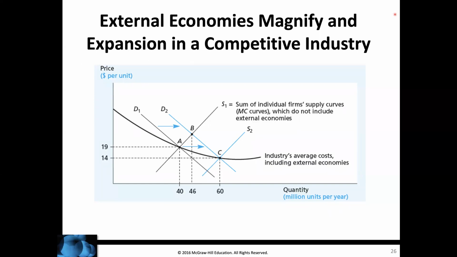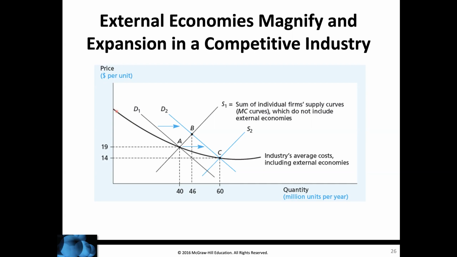So let's look at external economies and the expansion in a competitive industry. This is an example of semiconductors. We've got our original supply, S1, the sum of individual firm supply curves, which do not include external economies. So this is before external economies. You can see here the industry's average cost, including external economies.